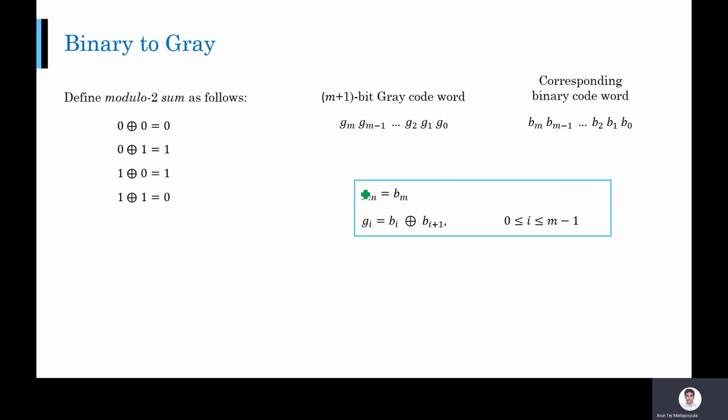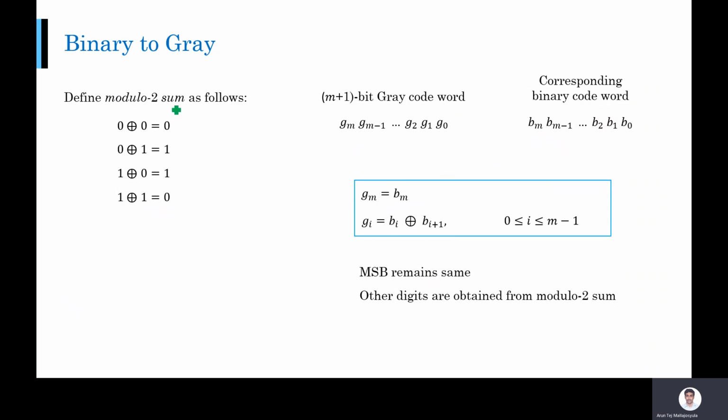The rule for that is Gn is equal to Dn. So the MSD for the gray code will be the same as that of the binary code word. For other bits, Gi is equal to Di modulo 2 sum Di plus 1. Okay, so that is the rule. So basically what we are saying is the MSB remains the same and other digits are obtained from the modulo 2 sum.